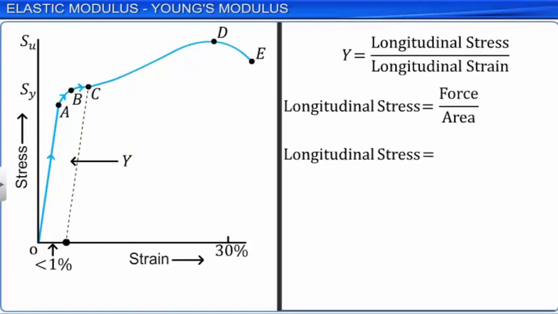If the length of the rod L changes by delta L, the longitudinal strain is equal to the ratio of delta L to L.